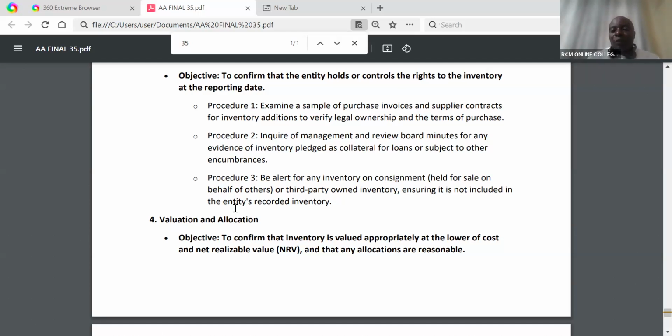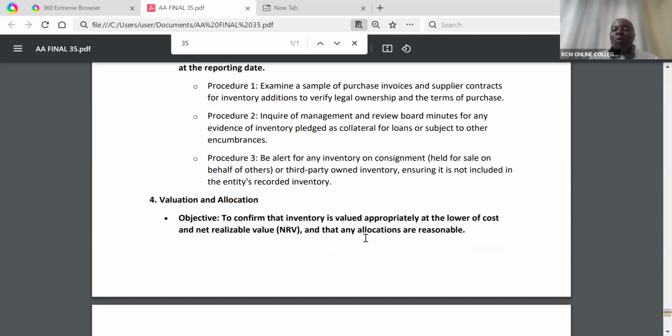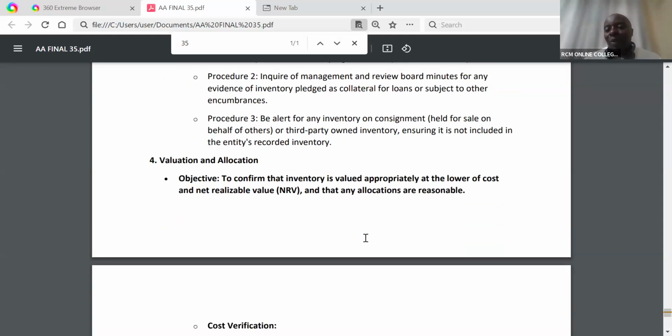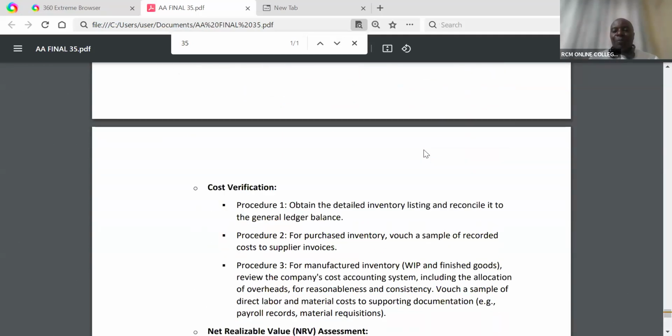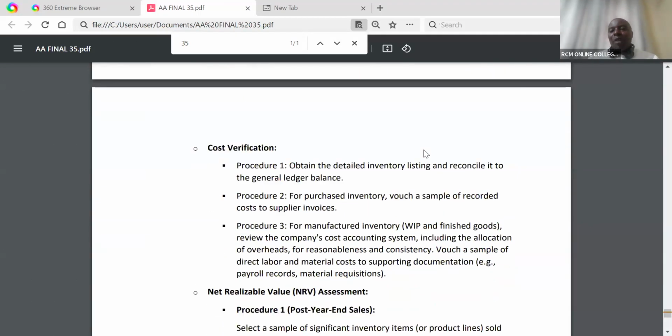Then we have the concept of valuation and allocation. The objective is to confirm that the inventory is valued appropriately at the lower of cost and net realizable value, and that any allocations are reasonable. So cost verification: how do I verify this cost? I know these things were sold to us, so do we have any purchase invoices?